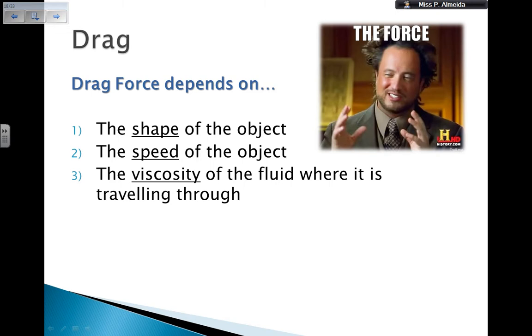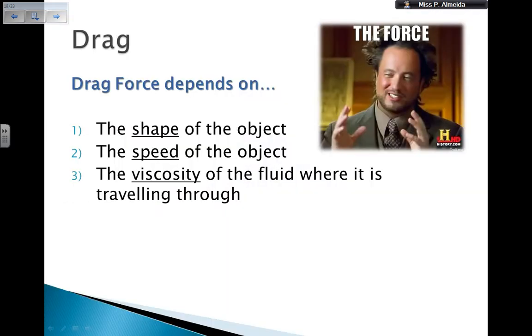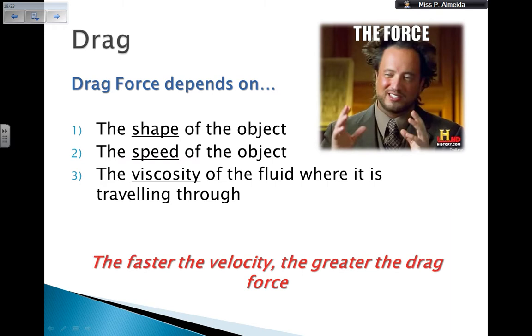Now, the drag that you have will depend on the shape of the object, on the speed of the object, and on the viscosity of the fluid where it is traveling through. And remember, fluid is anything that is a liquid or a gas. So that is going to affect any type of terminal velocity. The drag is still going to be the same, all right?